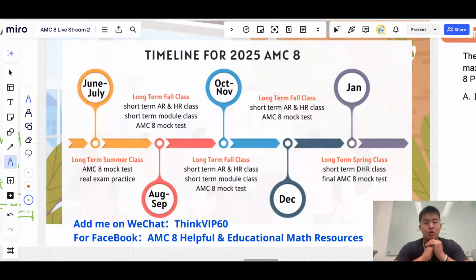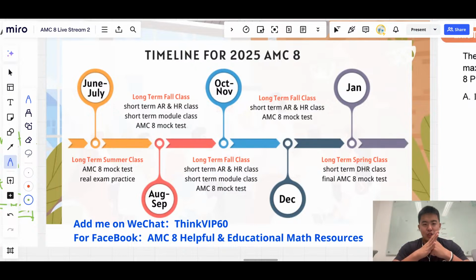After that, we're also going to have our short-term AR and HR classes. The AR class is designed especially for those who are aiming for the achievement roll in the upcoming 2025 AMC8, and the HR class is about the same idea. However, the only difference is that HR is the abbreviation for honor roll, and AR is for achievement roll. So the HR class is going to be more challenging than the AR class for sure.